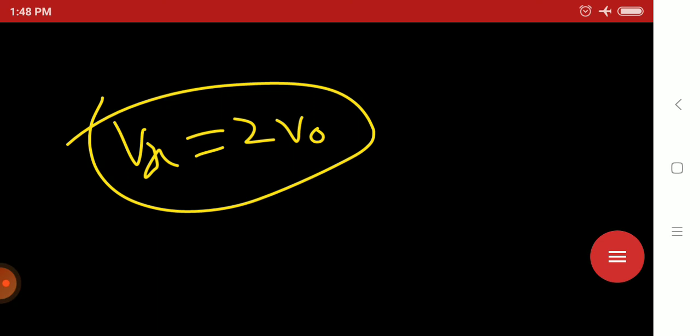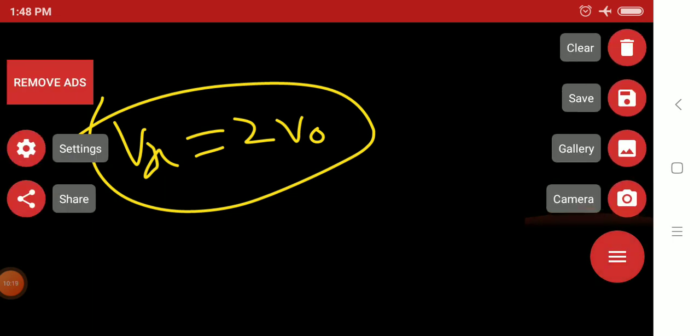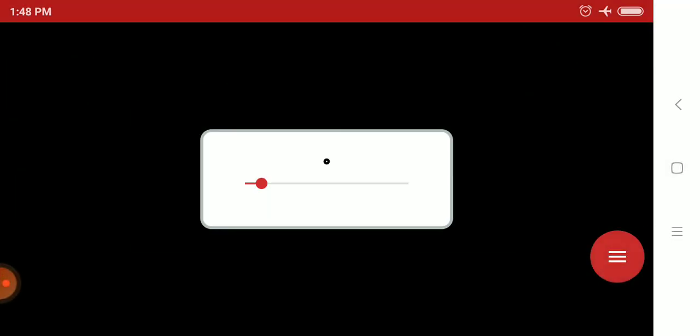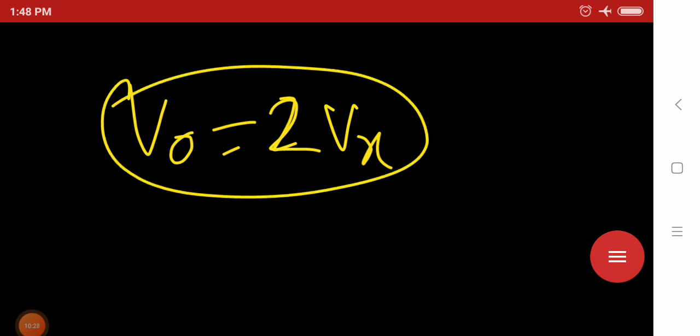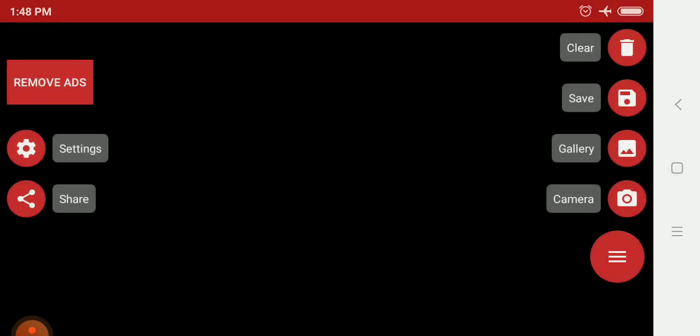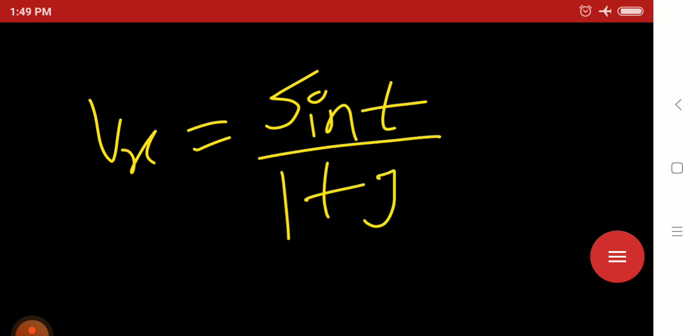Vx equals 2v0, and Vx what we have got? Sorry, here not Vx equals 2v0, v0 equals 2vx. Little bit correction in my calculation. v0 equals 2vx. Yeah. So after correction, Vx we have got sin t by 1 plus j.